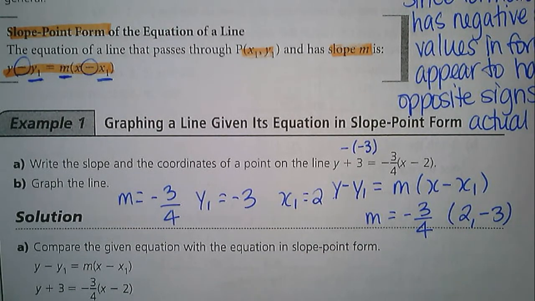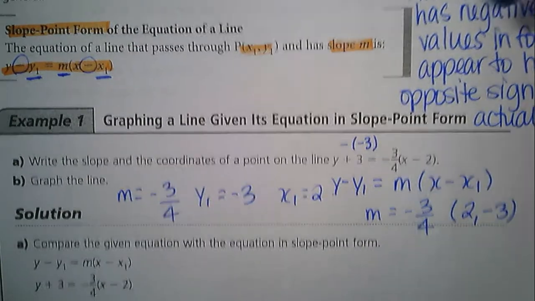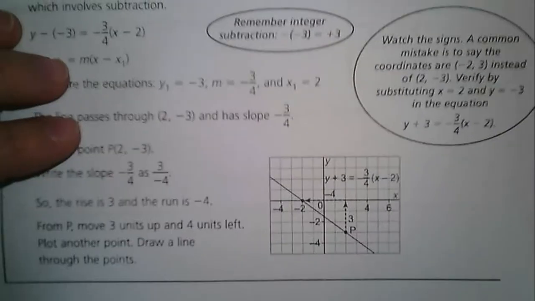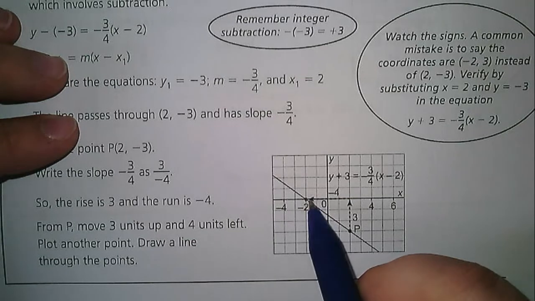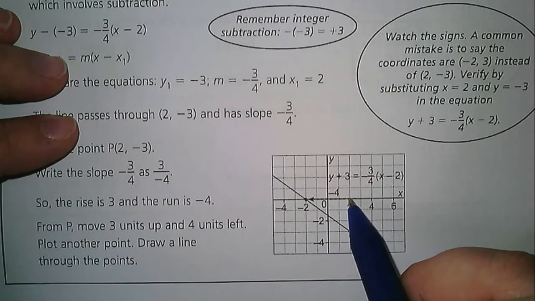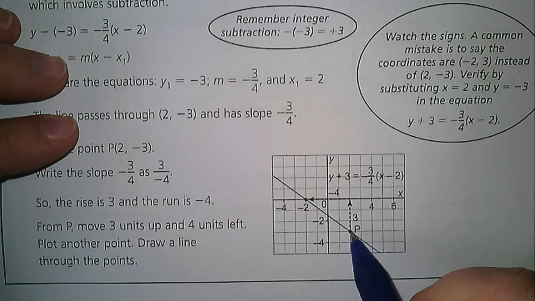Now that I have that information, it's shown to you on the graph below. But what you would do with that information if you had a blank graph is start by substituting that point in. So I would draw my point at (2, -3), like they have here. And then we can use the slope of the line to draw another point.